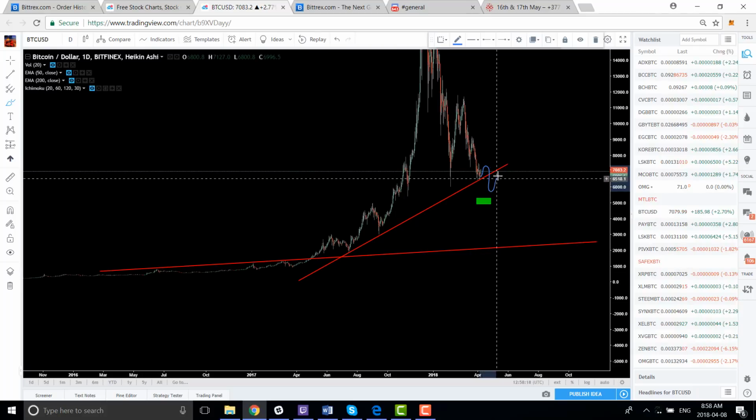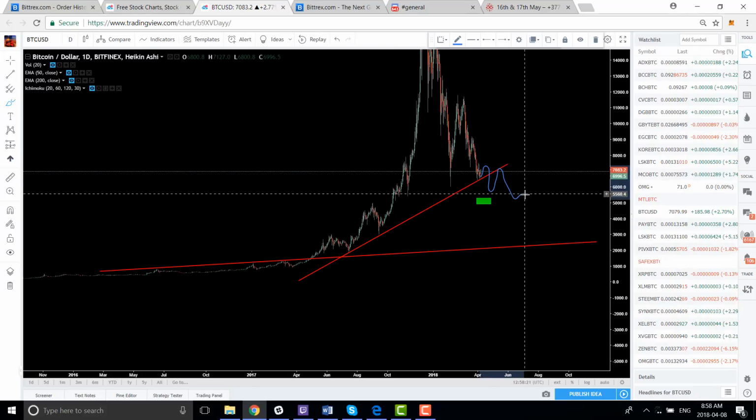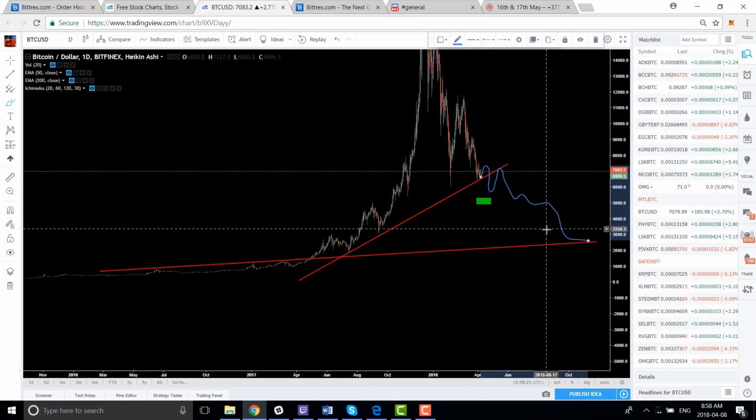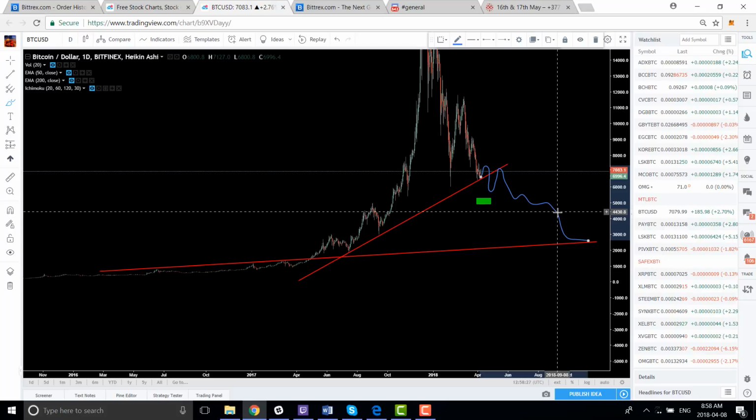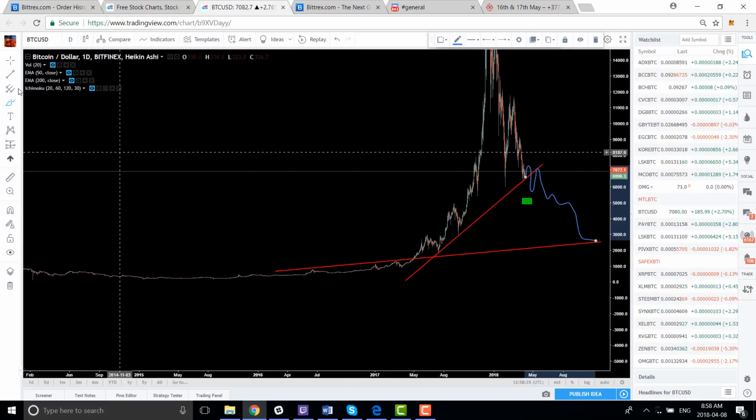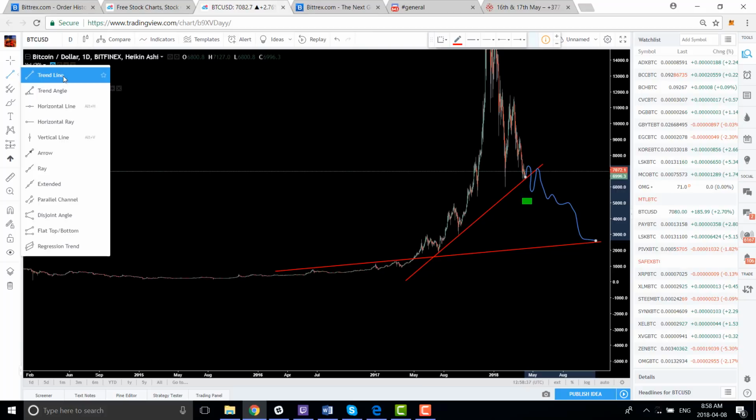Fall down, we would try to test this, and then we would just fall off to June or wherever for a couple months. Nobody knows how low it can go, but we know the direction it can go in. So that's just an example of trend lines.